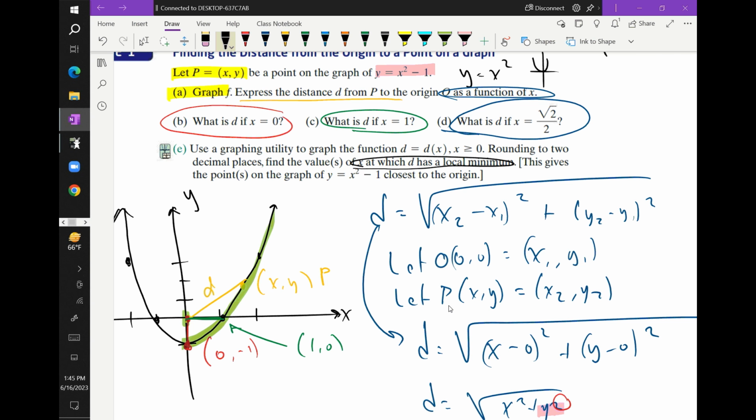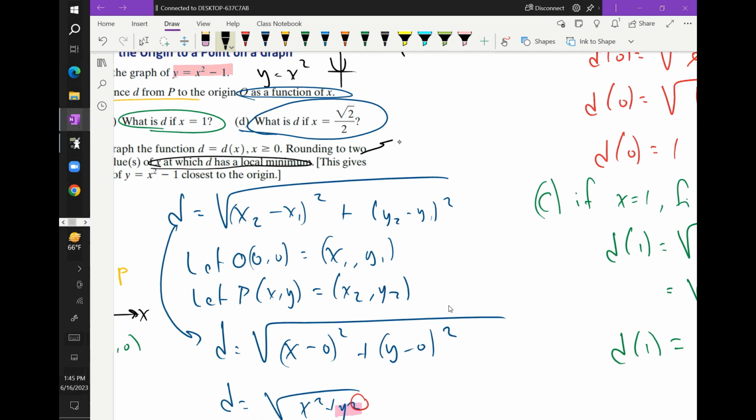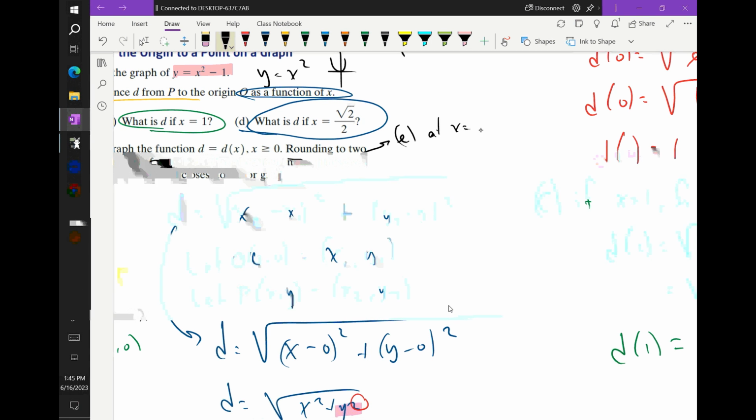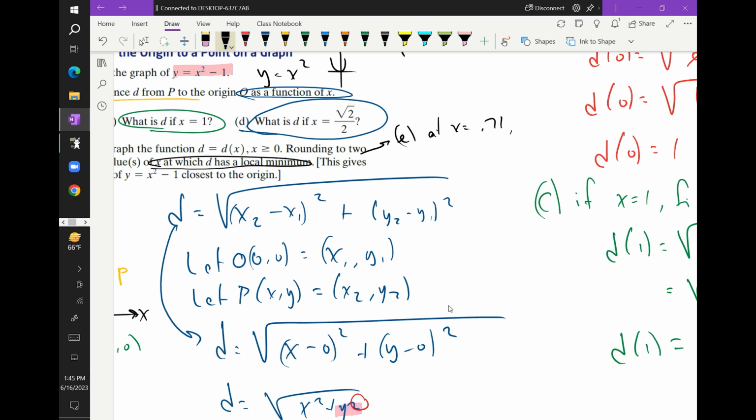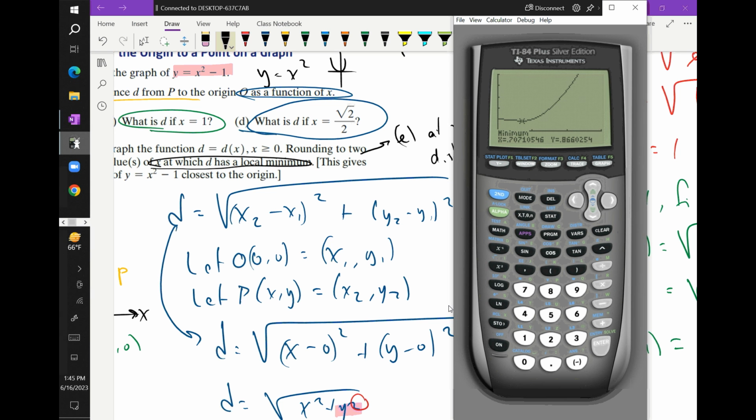So on this one, we would say, part E, we have at x equals 0.71, the distance is indeed smallest. Okay, and if we were asked, well, what is that distance? The smallest distance we come up with is 0.8660254.